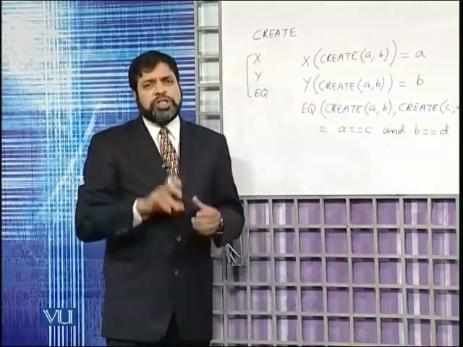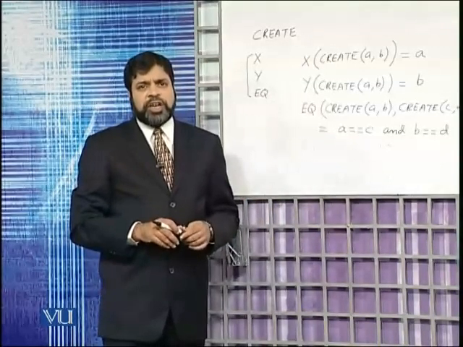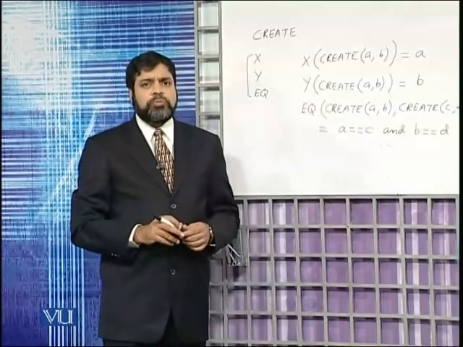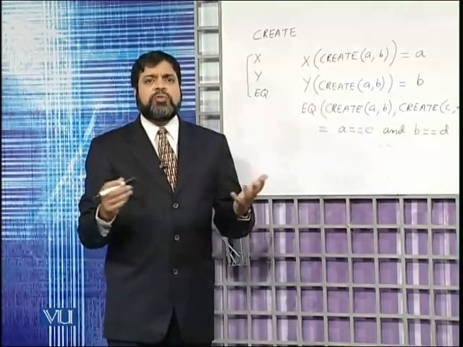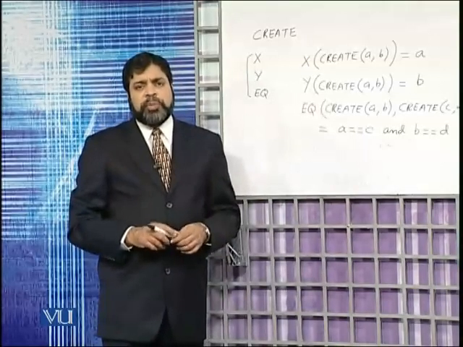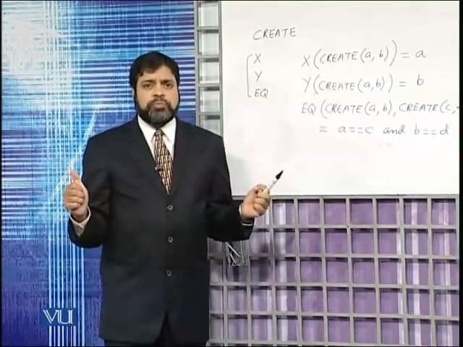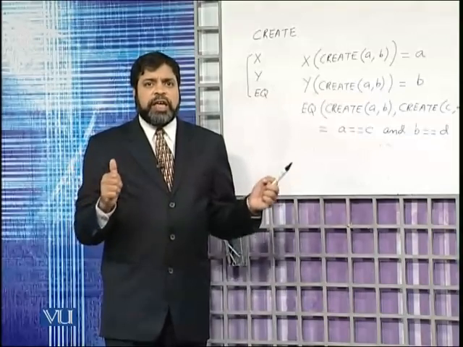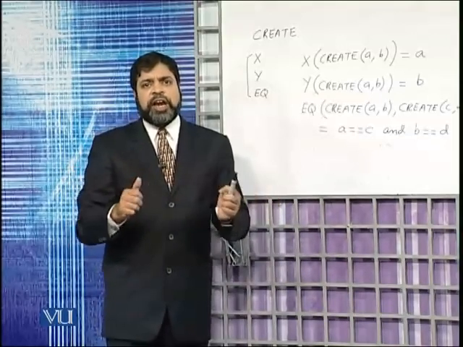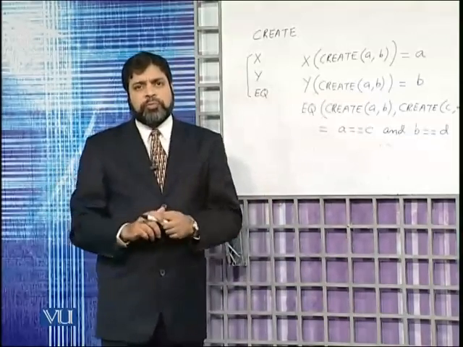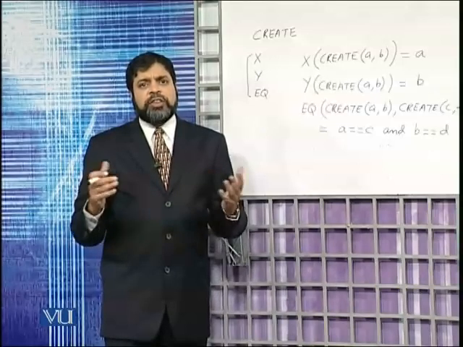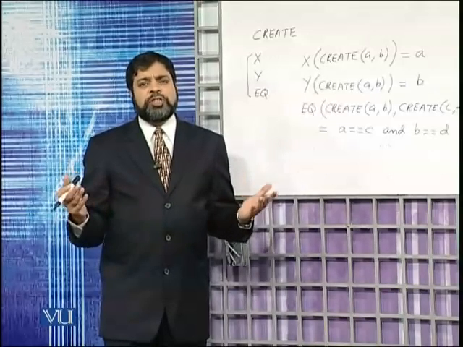One small thing that you may have noted is that in the case of equal, what I have written is a Boolean expression: A equal to C and B equal to D. And the result of this Boolean expression is either true or false.